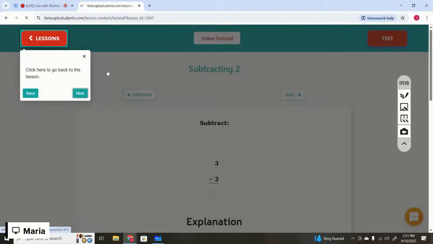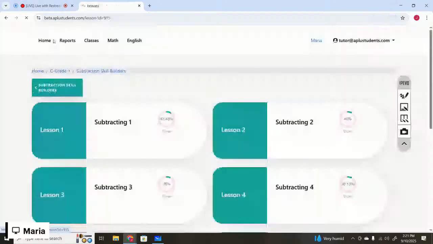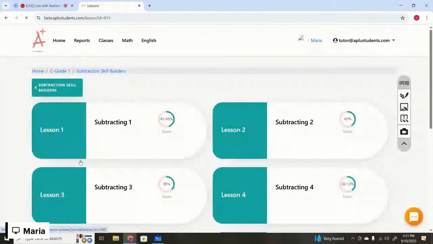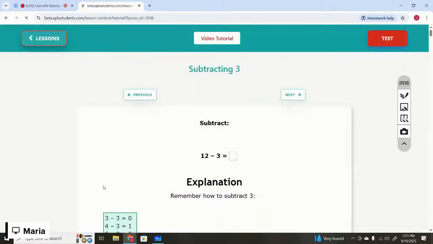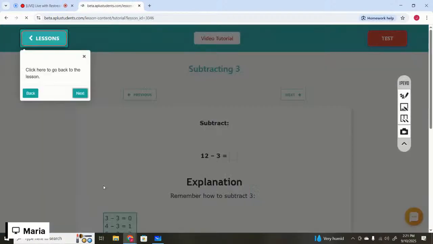The next lesson is subtracting 3. So now we are going to learn how to subtract 3.